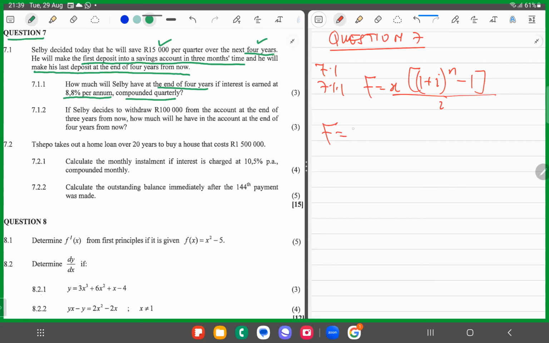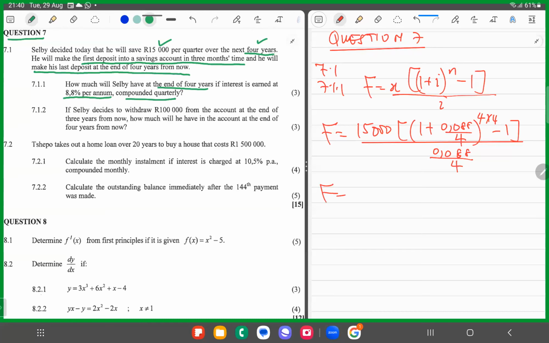So now x, this guy Selby is depositing 15,000 into 1 plus, divide by 100, which is 0.088 divided by 4, over the next 4 years, but it's quarterly. So you must say 4 years by 4, minus 1. You divide everything by i, which is 0.088 divided by 4.